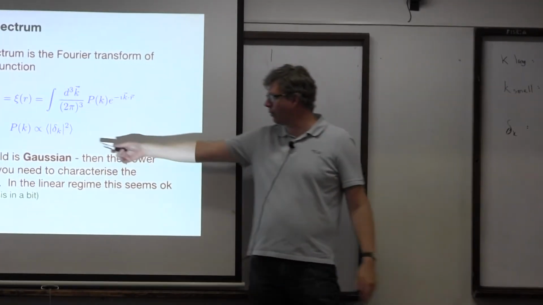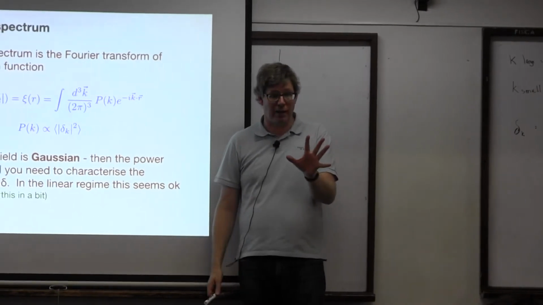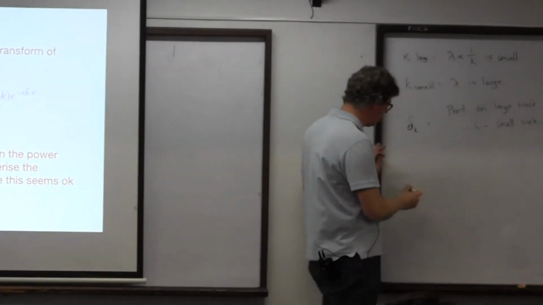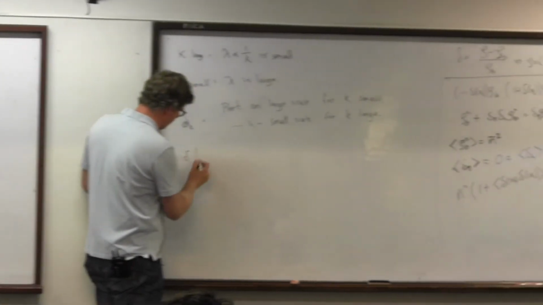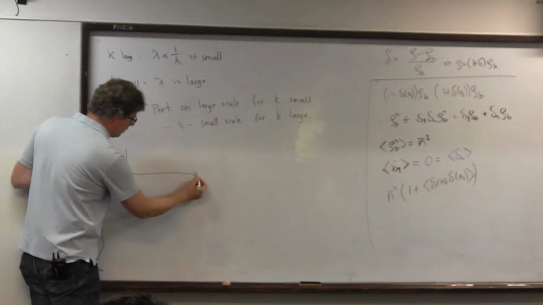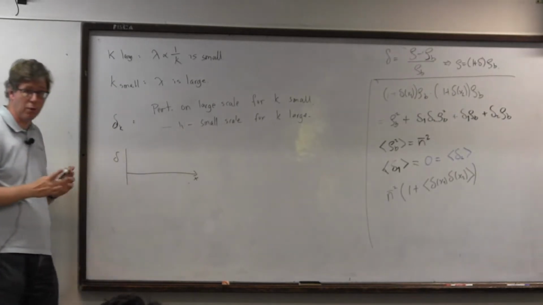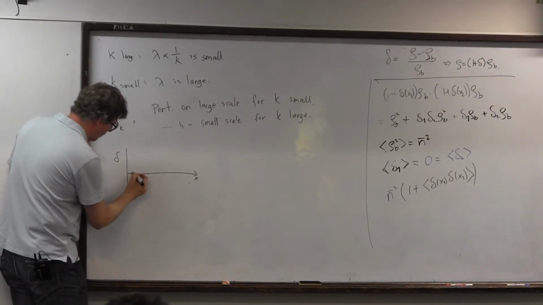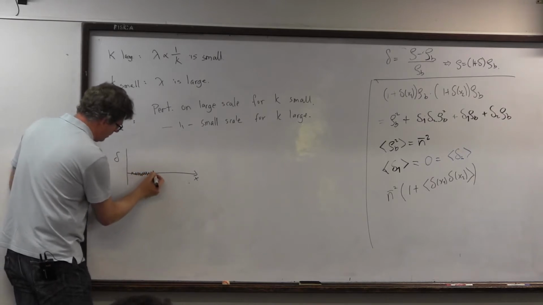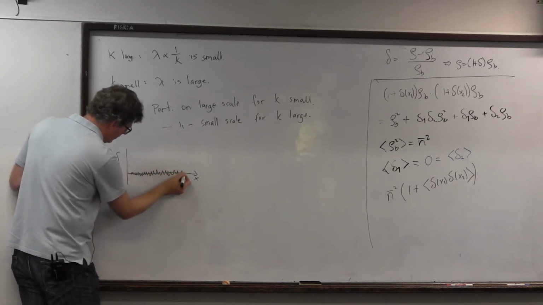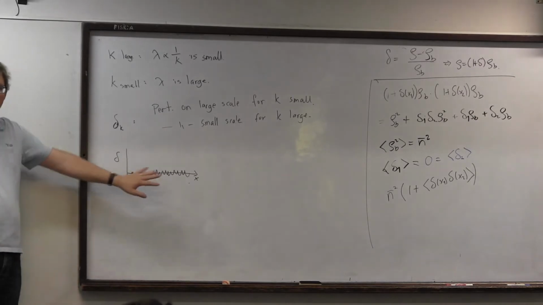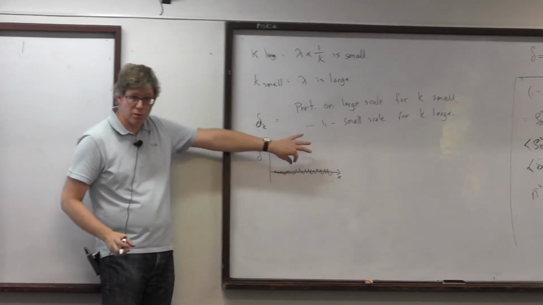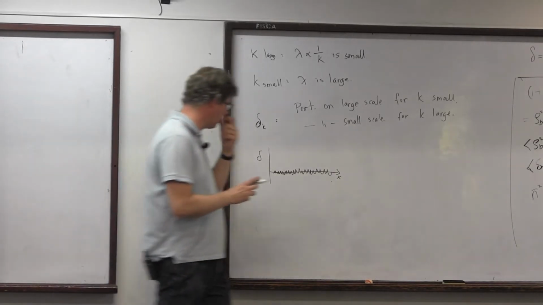So when this is 0, there's no perturbations on that scale. So if you plotted delta as a function of position, so a one-dimensional case, if it looked like this, then there are no large-scale perturbations in this. They're all very small, like they only go up and down very quickly.